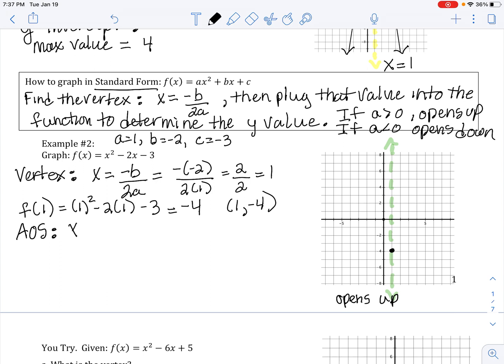Vertical lines are named x equals 1. x equals the x value that the line is passing through. Okay, so key features. We have found the vertex. We have found the axis of symmetry. Now we need to find the x and y intercepts. Okay, well, let's find the y-intercept.